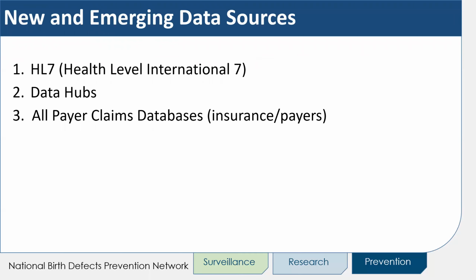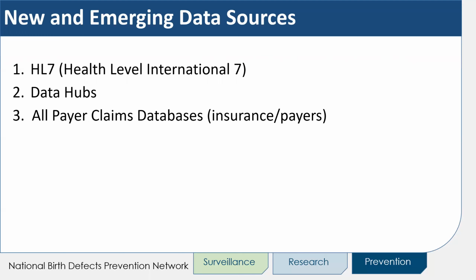New and emerging data sources. HL7 stands for Health Level International 7. This is a set of international standards for transfer of clinical and administrative data between software applications used by various healthcare providers. This data features electronic health records. Data hubs is another type of an emerging data source.